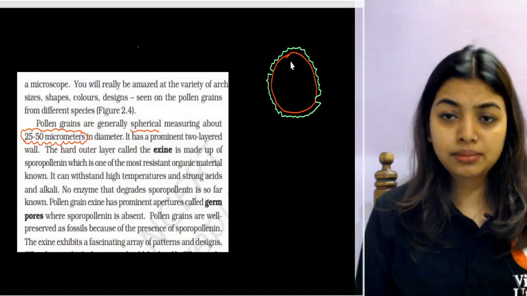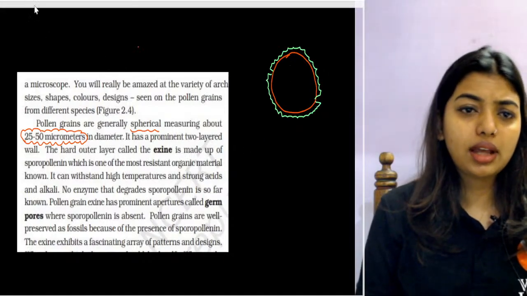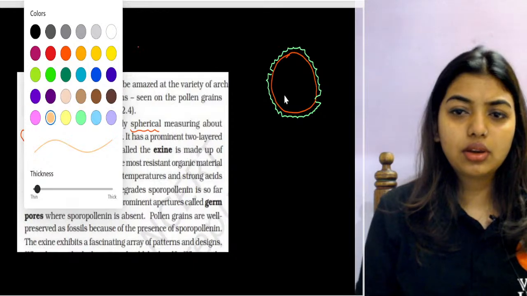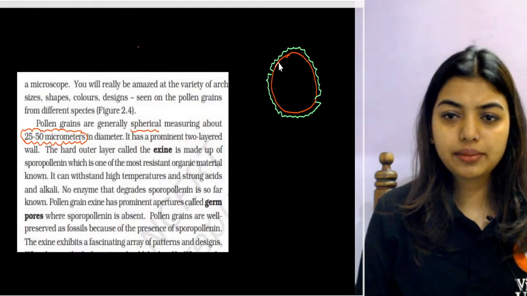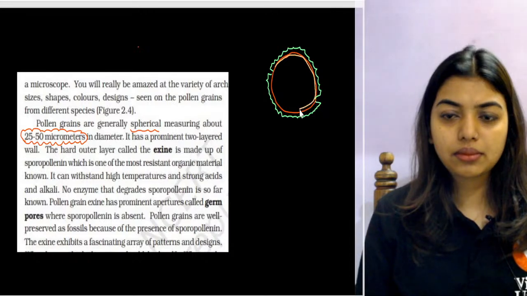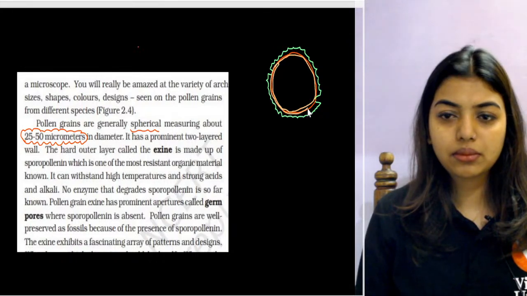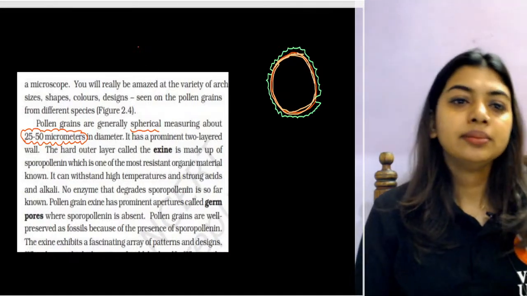Okay, this is the outermost layer, and the inner layer is obviously this layer. This is the inner layer.